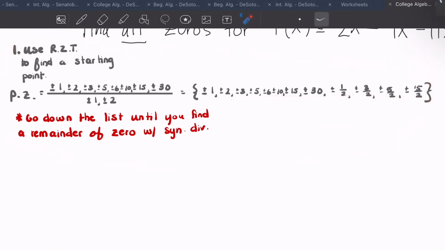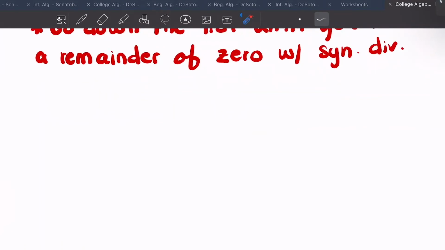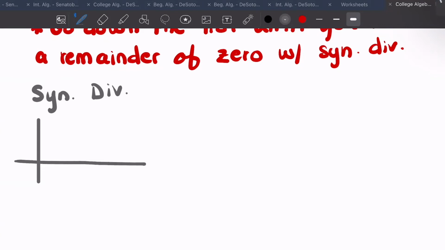All right, so start with 1. We're going to use synthetic division. We're going to start with positive 1. Our coefficients are 2, -9, -11, and 30. That's the coefficients of our function.